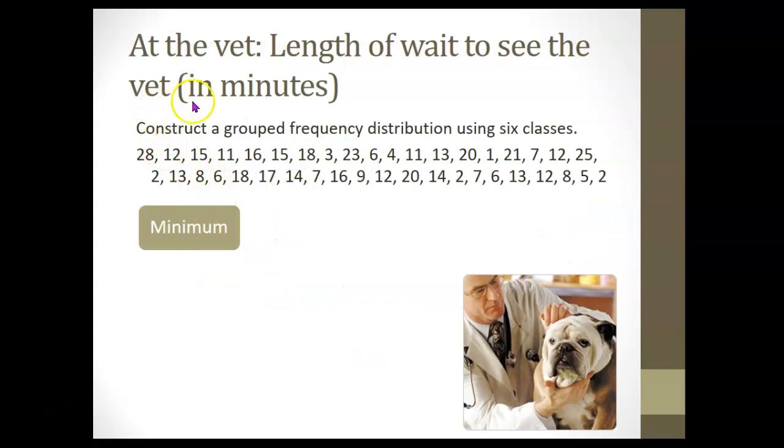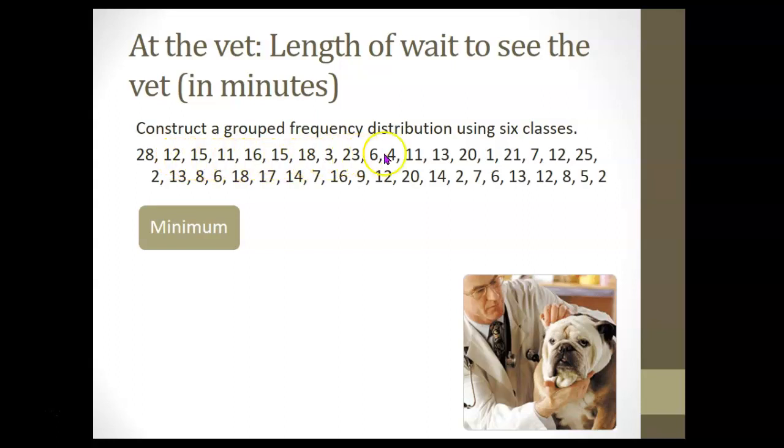In this example, we're back at the vet, and we're trying to organize this list of data, which represents how long the various patients had to wait in the waiting room before they got in to be examined by the vet. So one patient had to wait 28 minutes, one had to wait 12 minutes, one had to wait 15 minutes, and so on.